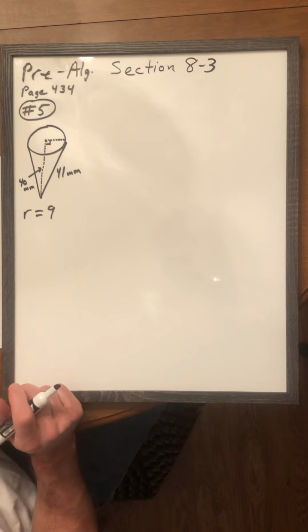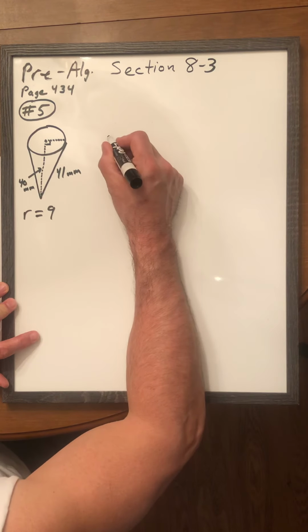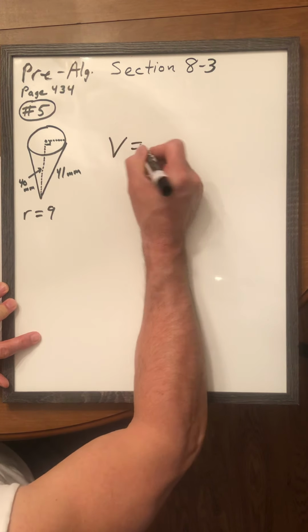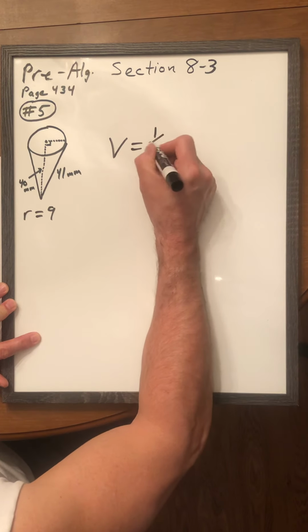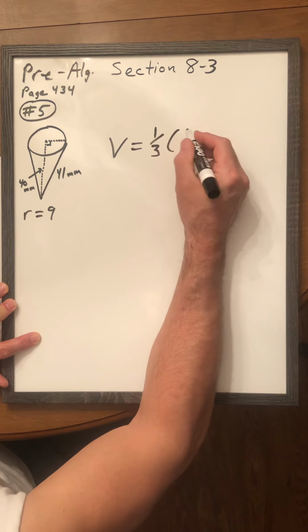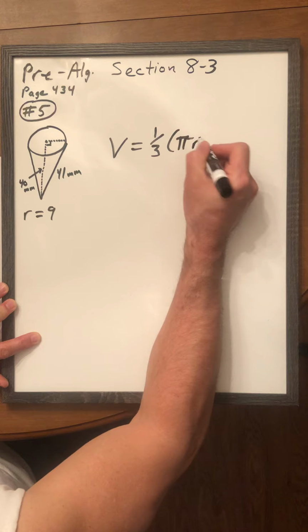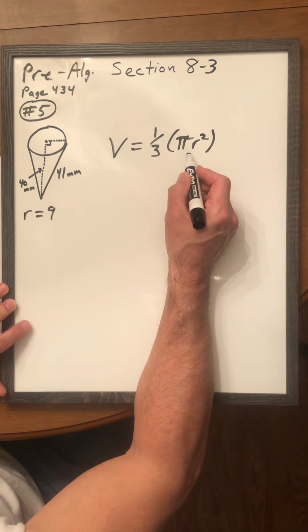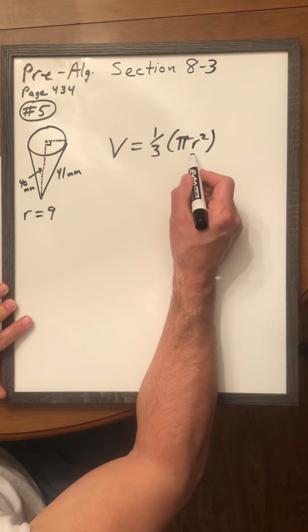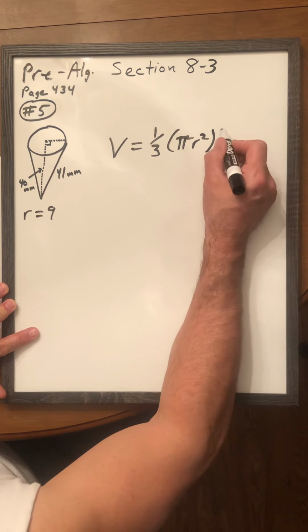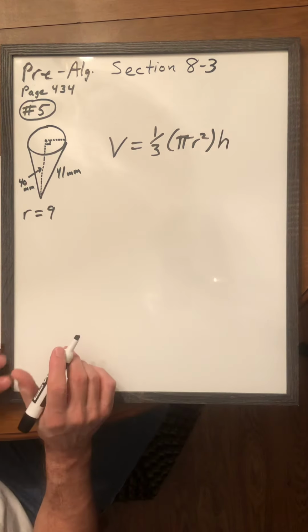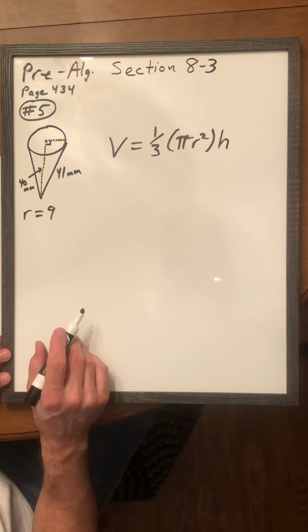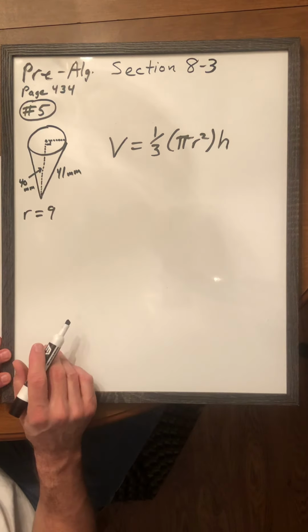The formula for volume of a cone is V equals 1/3 pi r squared, which is the area of a circle again, pi r squared. So 1/3 of the area of the circle times the height. That is my formula for finding the volume of a cone.